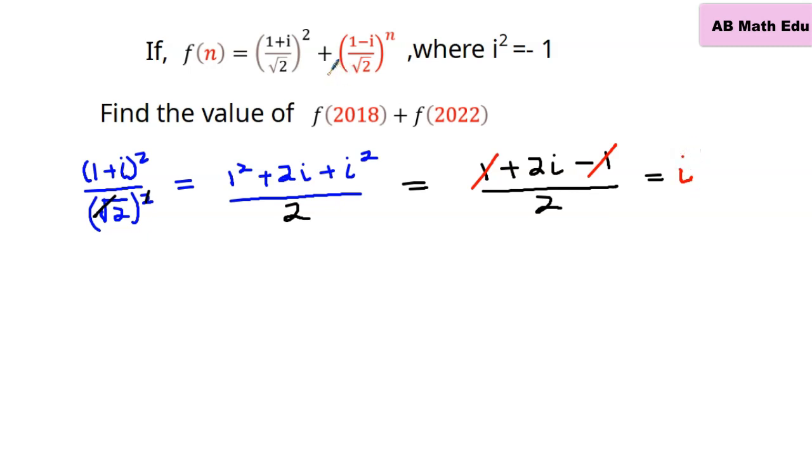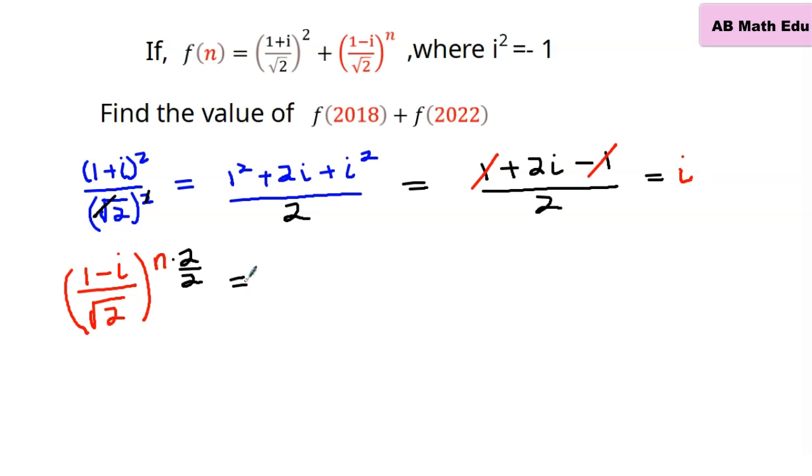So now let's look at this second component, (1 minus i) all over root of 2 to the power n. I can multiply the exponent by 2 divided by 2. I haven't done anything wrong, because 2 divided by 2 is 1, but that will help us to simplify.